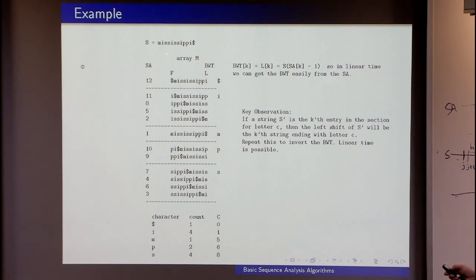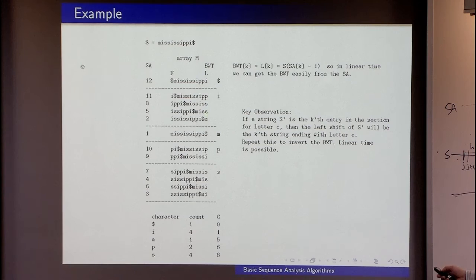So if my string is Mississippi with a $ sign at the end, then I'm going to consider all of the rotations of Mississippi with a $ sign, and I'm going to sort those lexicographically. And remember, $ sign is the lexicographically smallest character. So this is the lexicographically smallest, and then this is the next lexicographically smallest, and so on, all the way down here. I look at the last character on this listing.